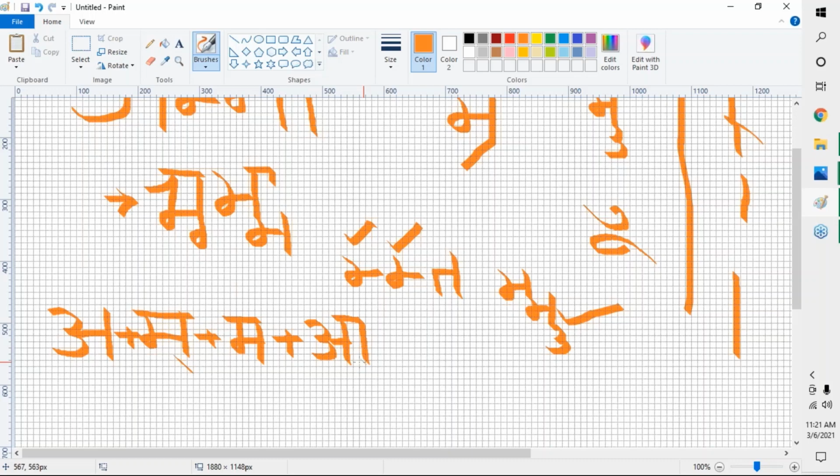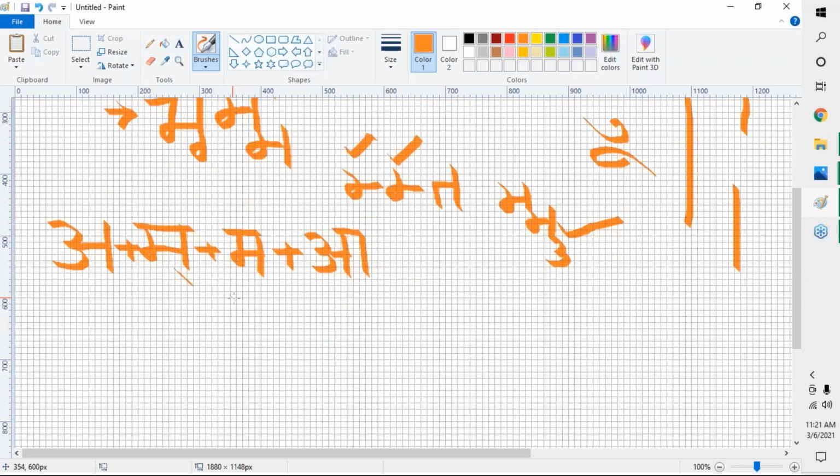So if you see here, this ma, in fact, ma is nothing but ma plus a, because any consonant, when you do not add a on it, is half. So that is why it is ma, it is half of it. So this alphabet is considered to be the half.